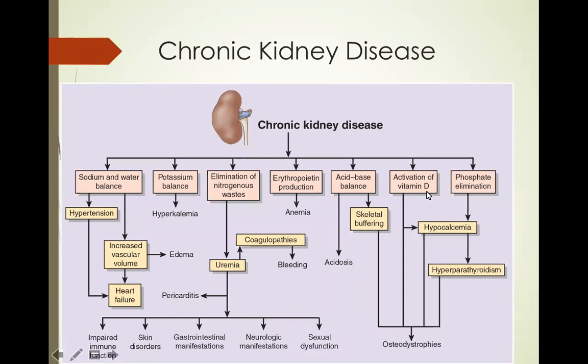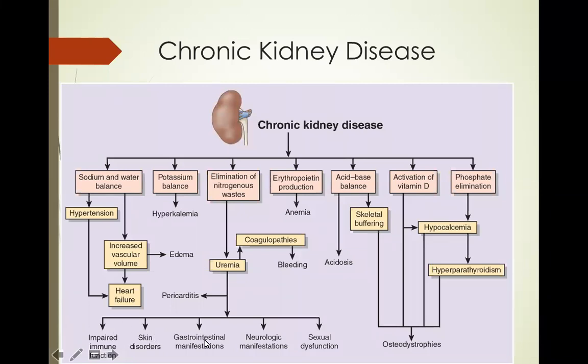Activation of vitamin D is diminished, so that leads to a low calcium level, and there's inability to eliminate the phosphate, which leads to an elevation in the phosphate level, which also contributes to the low calcium level. All of this can lead to impairment of their immune system, which makes them very susceptible to illness.